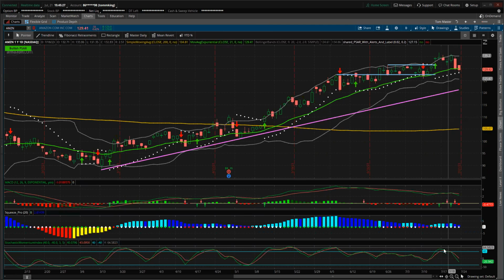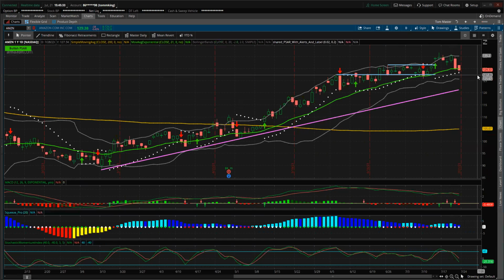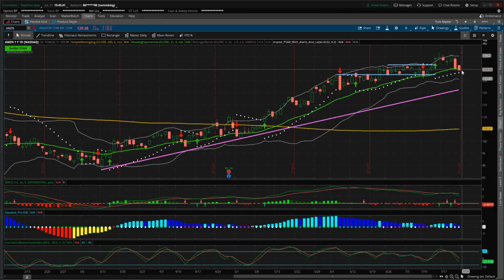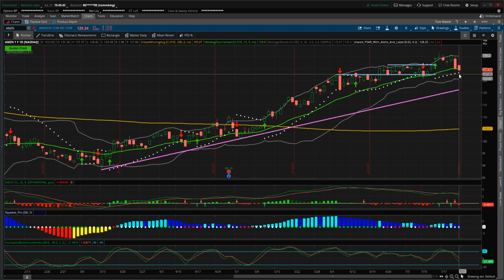Now, this potentially is a trigger here that maybe we should get short or could get short, but we're remaining in this overall uptrend. I'm not going to get short yet. I don't need to be in on day one. I can be in later on. If we hit a PSAR reversal, maybe tomorrow, we might be breaking the 21.